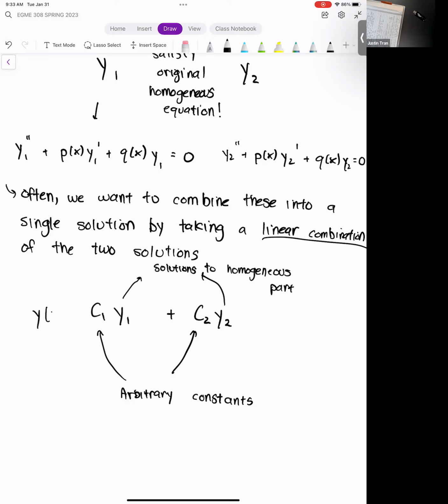All this is going to be equal to y of x, which is like our master solution. The one solution that we primarily work with, that we apply initial conditions to, and that we usually report as the final solution, is going to be a linear combination of these.